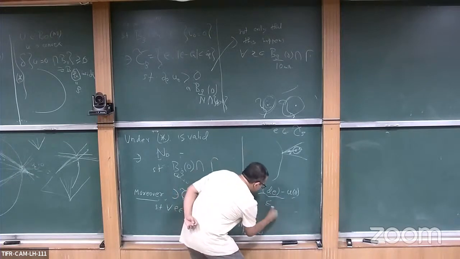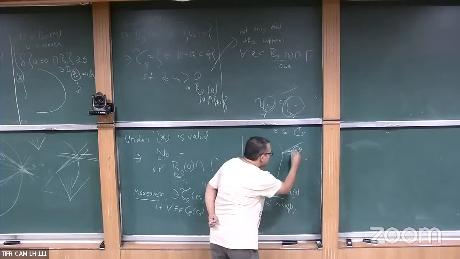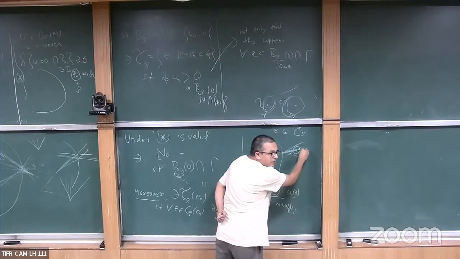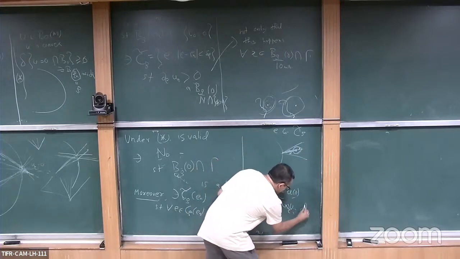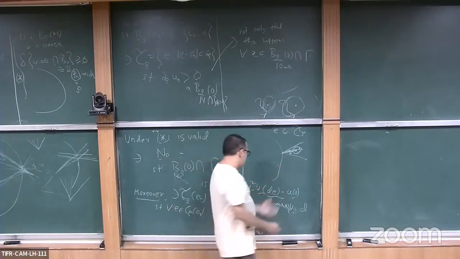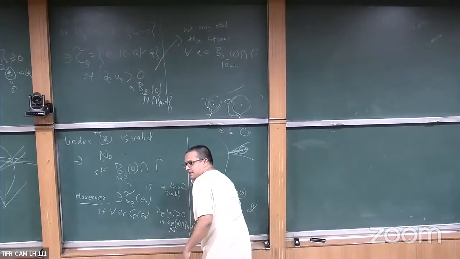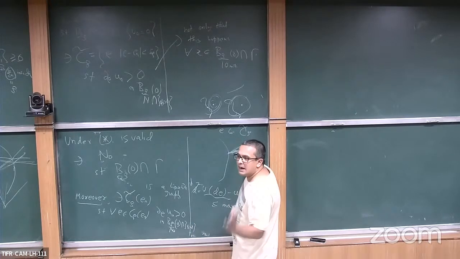And this is less than or equal to the max of del E of U in this whole line, till it touches the point where the maximum is attained, multiplied with D. Agreed? I'm just majorizing this. So then I can cancel this D. So at least I would know one point where this directional derivative is at least D.